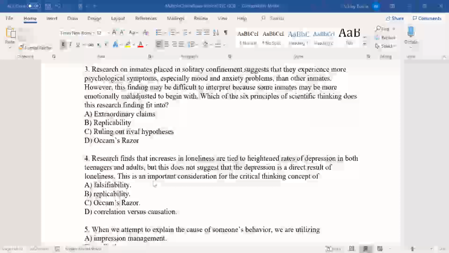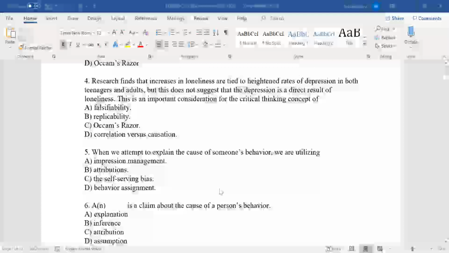This is an important consideration for the critical concept of A, falsifiability, B, replicability, C, Occam's razor, or D, correlation versus causation? Okay, D. Right, so you're all correct. It is correlation versus causation.